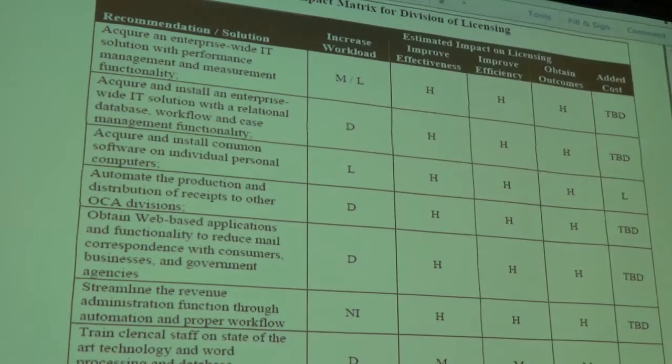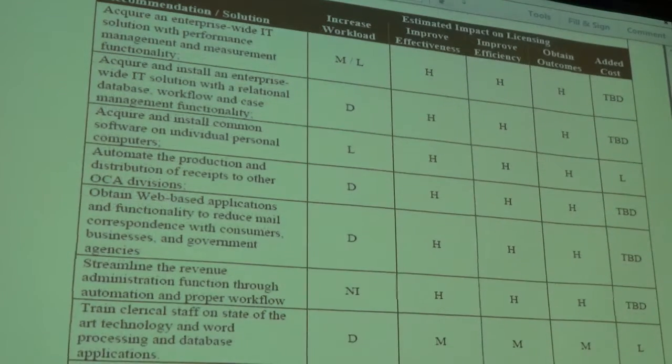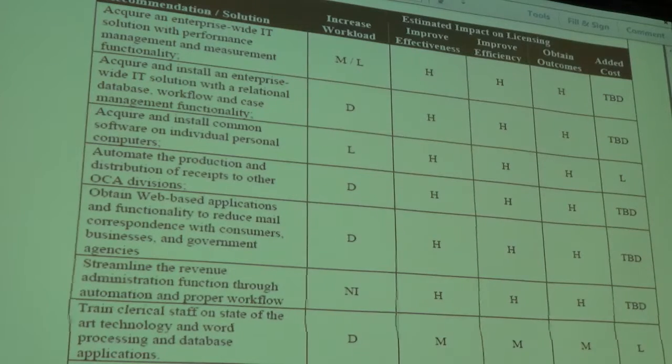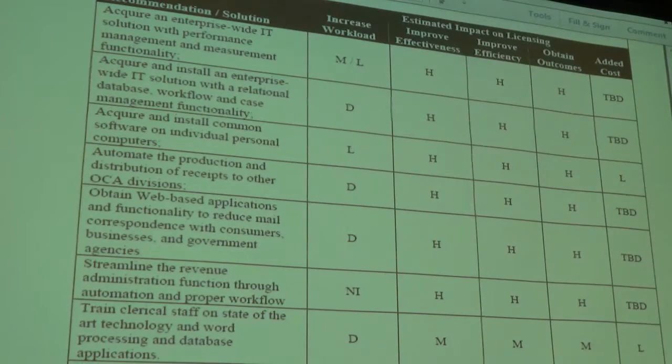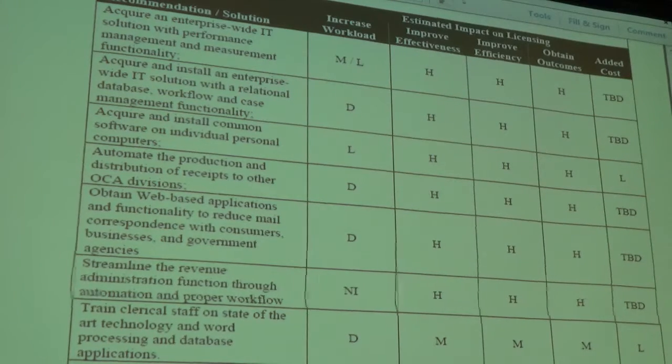If you look at the program improvement and effectiveness, it would be moderate to high. In terms of efficiency, moderate to high. In terms of obtaining the outcomes, it would be moderate to high. The added cost would be low to undetermined because we didn't know the cost of acquiring the enterprise information technology solution.